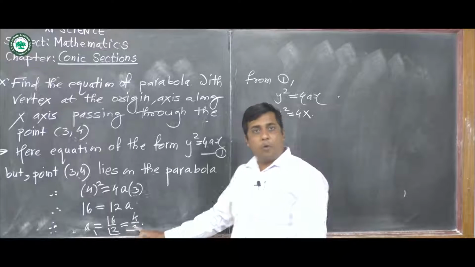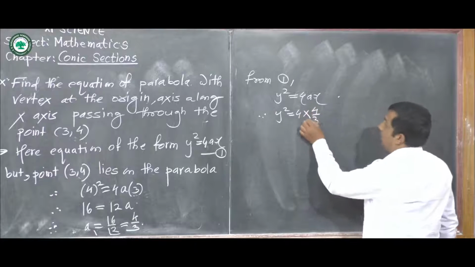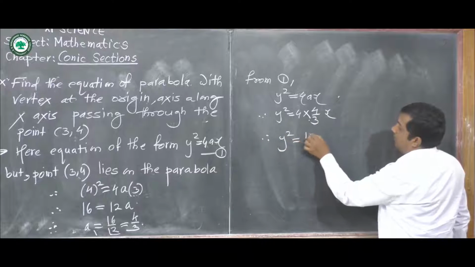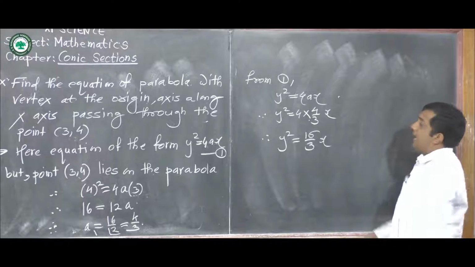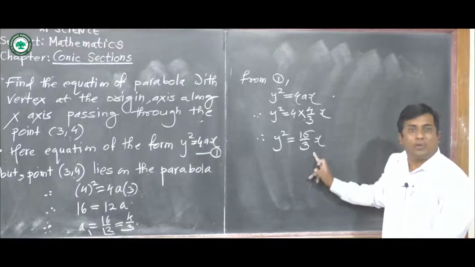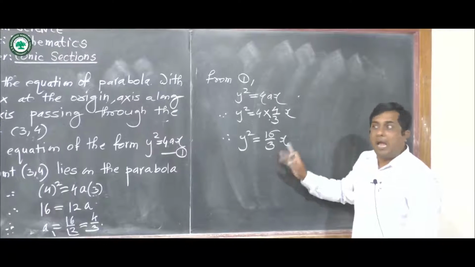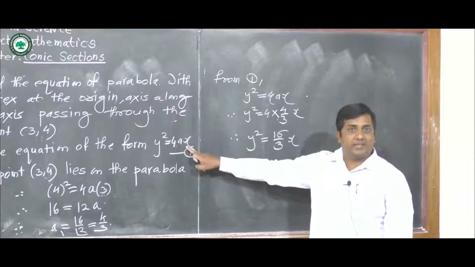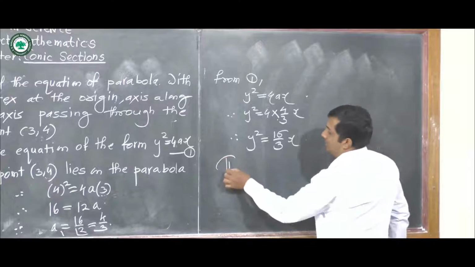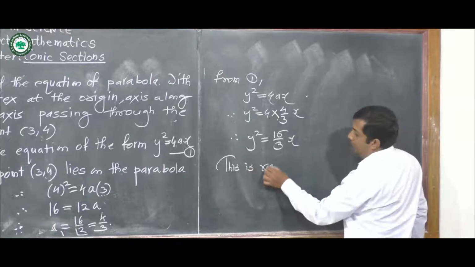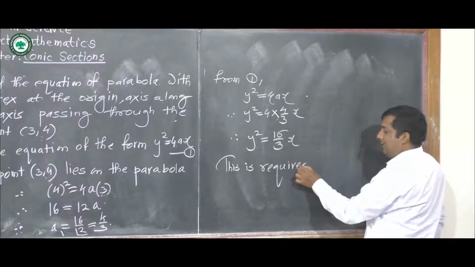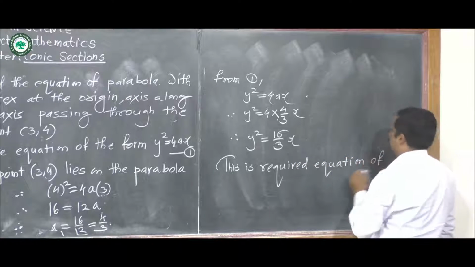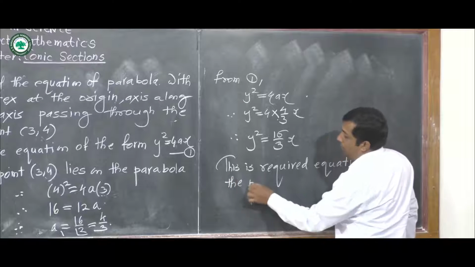We know a is 4 by 3, and x as it is. Therefore, y square is equal to 16 upon 3 x. And this is the required equation of the parabola, and this equation is of the form y square is equal to 4ax.